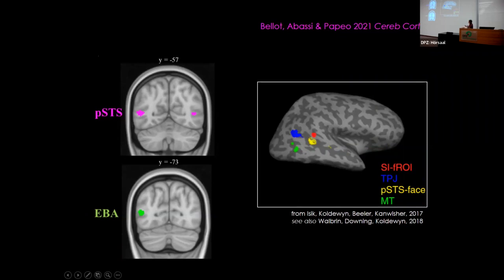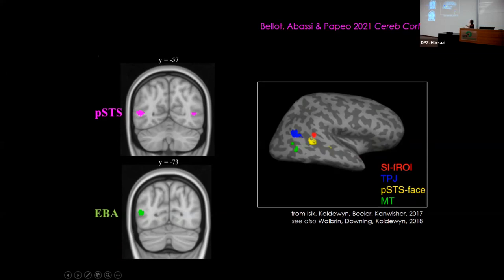So this region is more or less here in the superior temporal sulcus, and it's very close to the pSTS face area, a region that is selective to facial expressions, in general face motion. It's also very close to the TPJ, the temporoparietal junction, which is one key node in the mentalizing network, the theory of mind network.